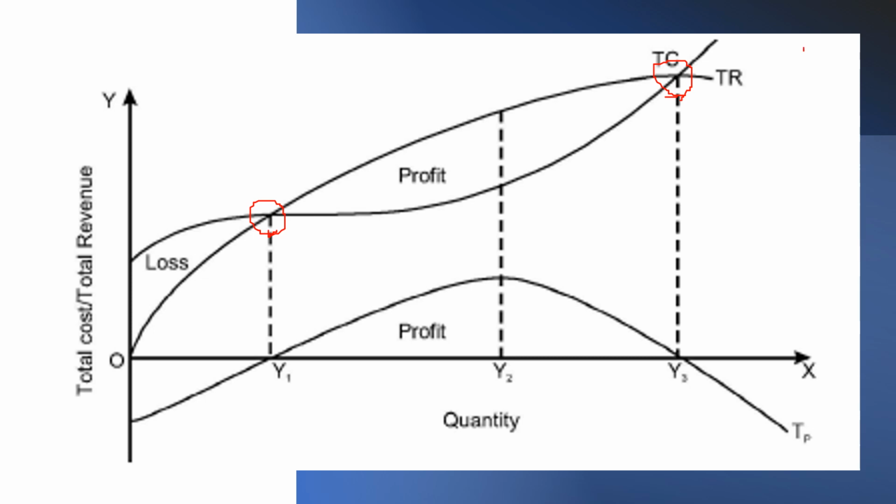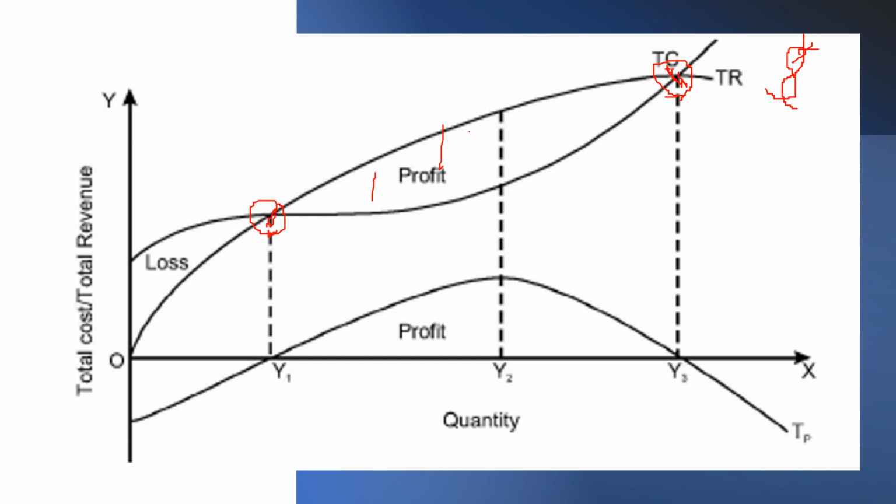Because you all know that the long run total cost curve is of this type. The total revenue curve will look like this, or the production curve will look like this. So there are chances that the two curves will be observed in this manner, or two break-even points will be observed.